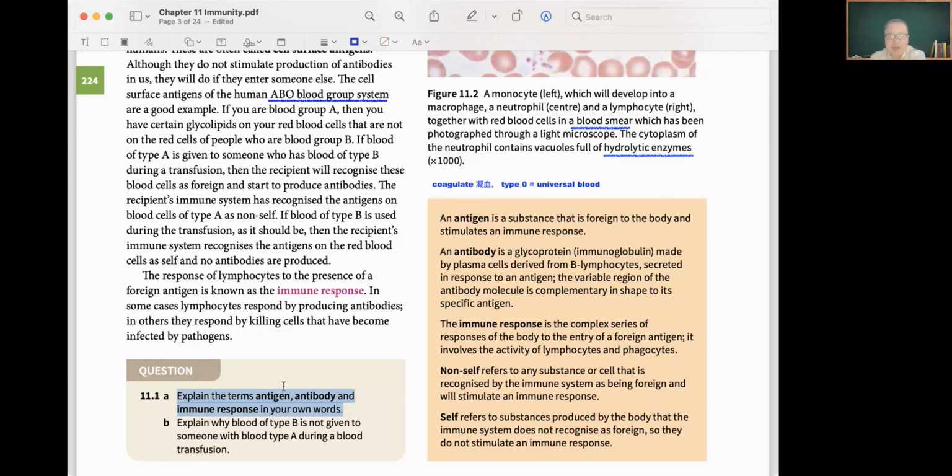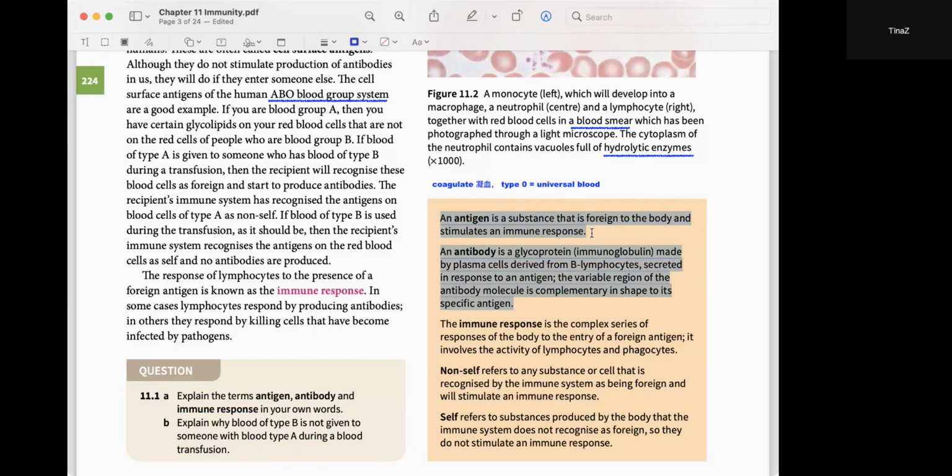Yeah, sure. Now please read the definition on the right column. Okay, an antigen is a substance that is foreign to the body and stimulates an immune response.